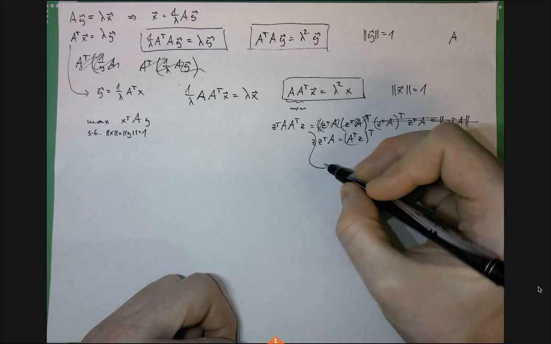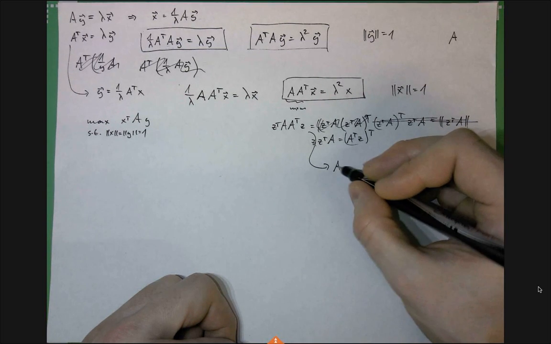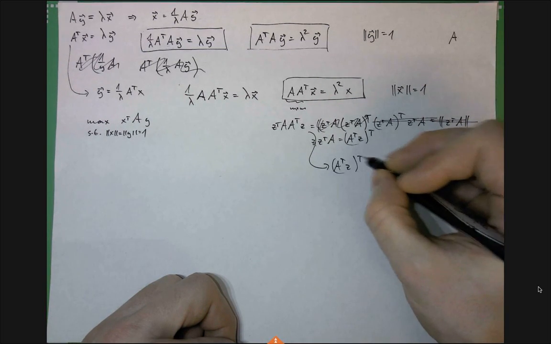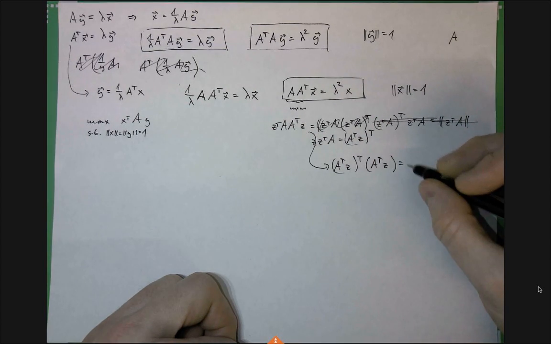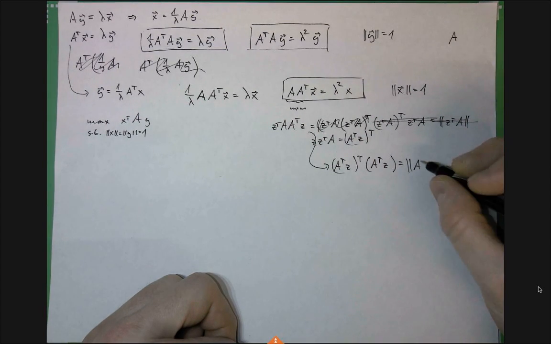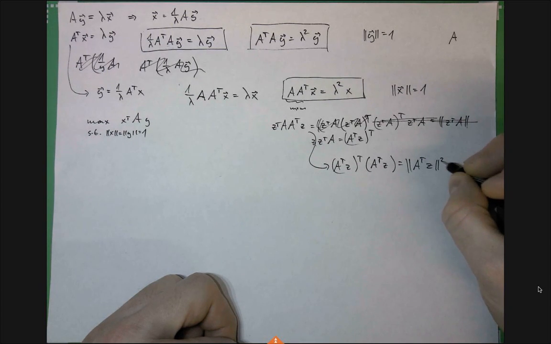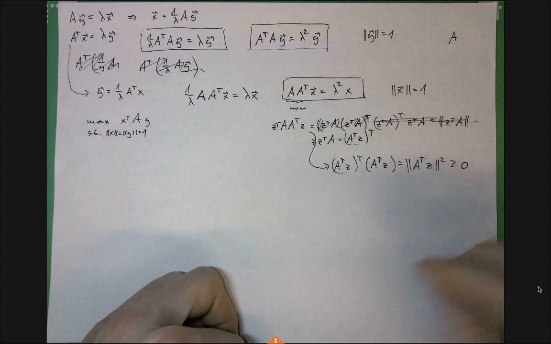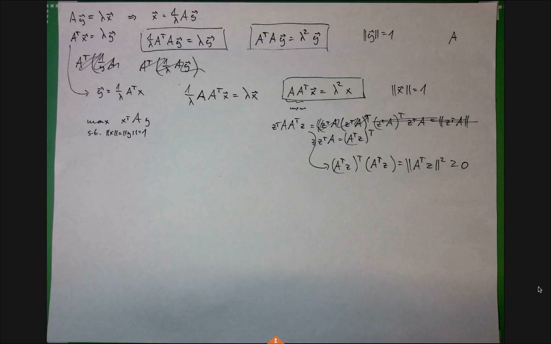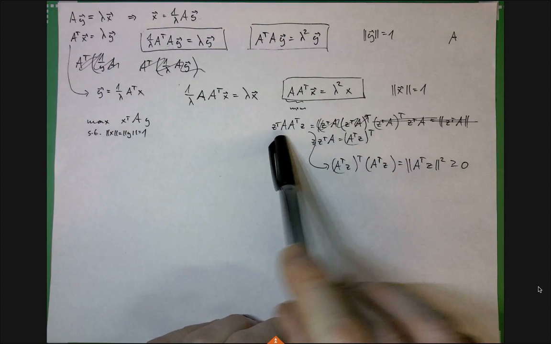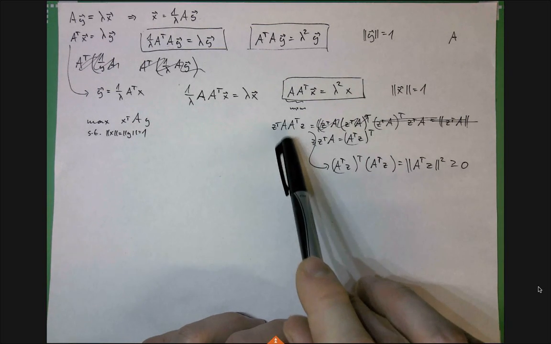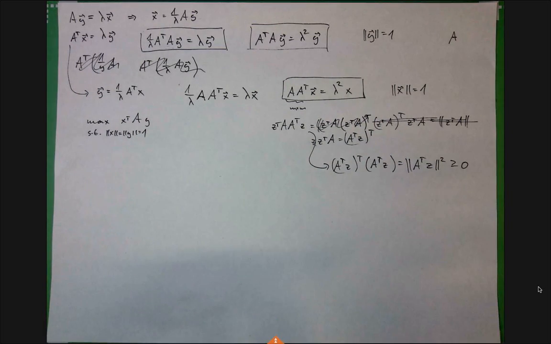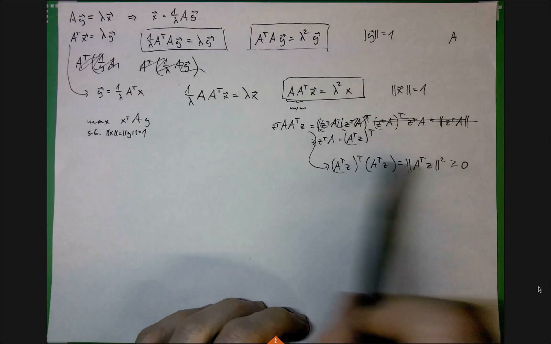So this whole thing becomes ATZ transposed ATZ, which becomes the square norm of ATZ, which obviously is non-negative, right? So maybe AAT is not positive definite, but at least positive semi-definite. Anyway, that's not what we need here.